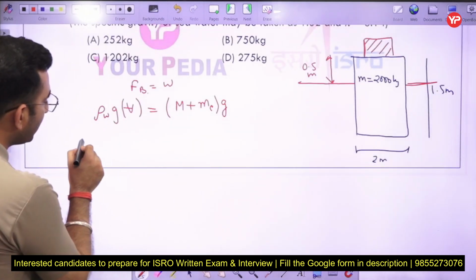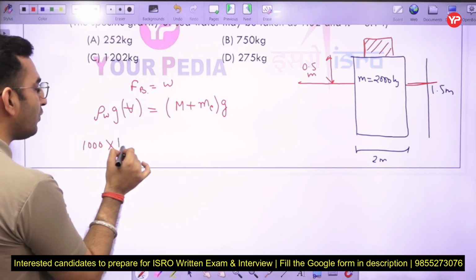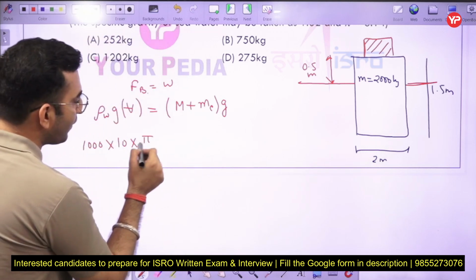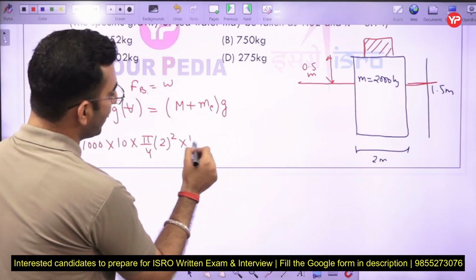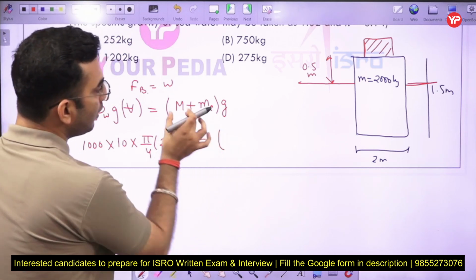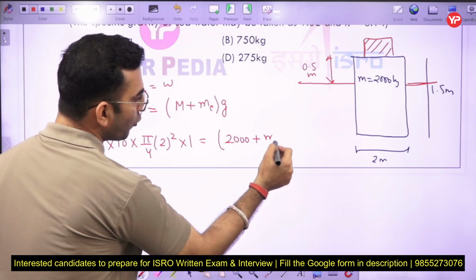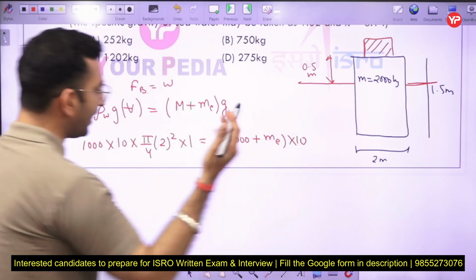Now just put all the values here. Density of the water is 1000, gravity is given as 10, the submerged volume you can simply calculate as pi by 4, d square, height is 1 meter, and the mass of the ship is 2000 kg. The mass of electrical equipment we have to calculate.